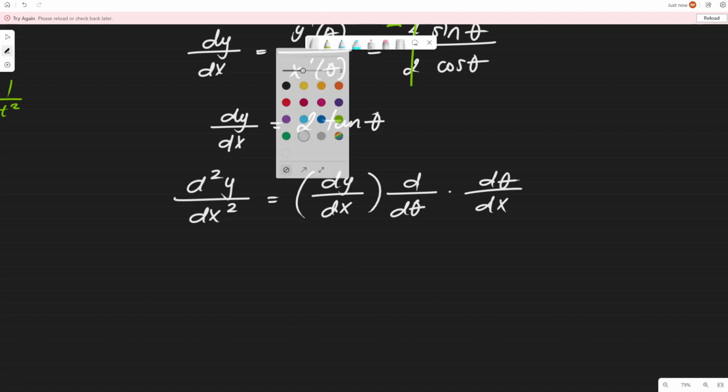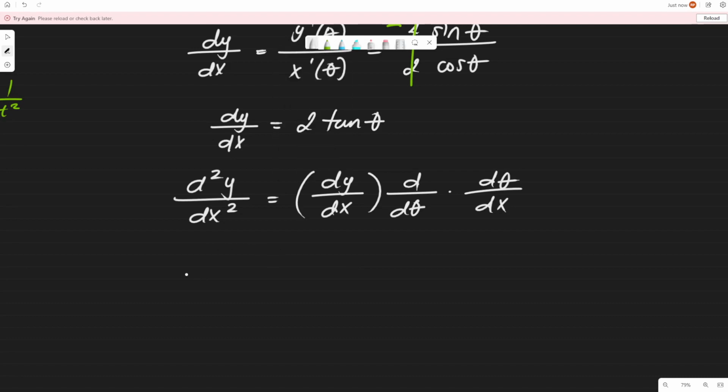No? So, we'll have d squared y over dx squared. This is equivalent to 2 secant squared theta. Diba? That's the derivative of 2 tangent theta. Diba? So, times yung d theta over dx natin.